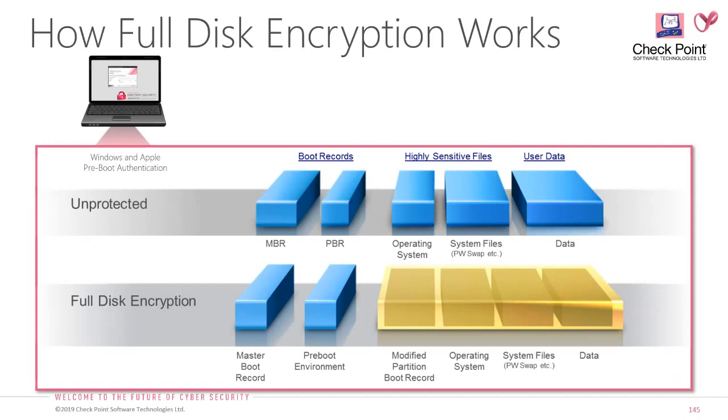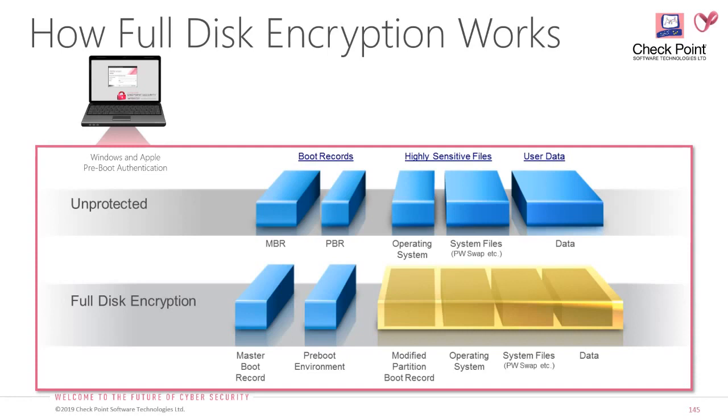So here they provided two different things, the unprotected and full disk encryption. In the unprotected endpoints, you will have the MBR, master boot record and pre-boot record, which is different, and the operating system files, system swap files, and data, all these things are in decrypted format.